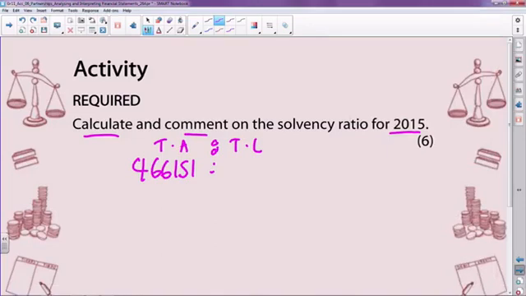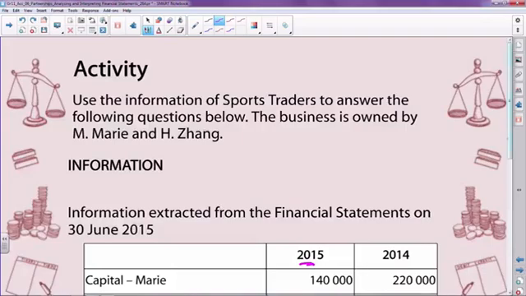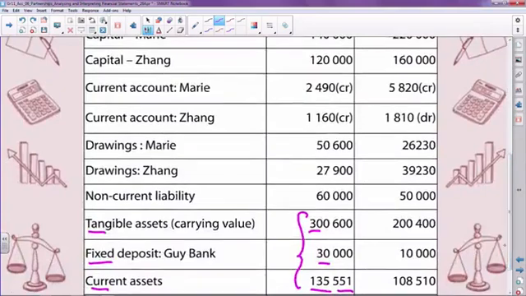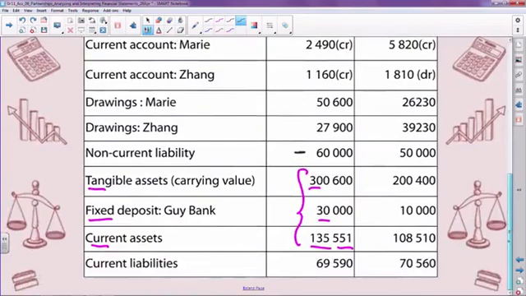So back to the information sheet. Again, 2015. So here we're looking at your non-current liability, an amount of 60,000, and then further down I am looking for current liability, an amount of 69,590.